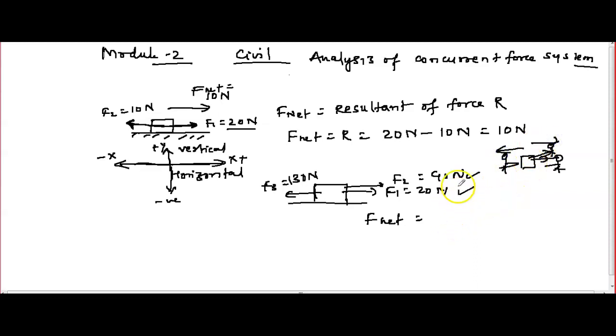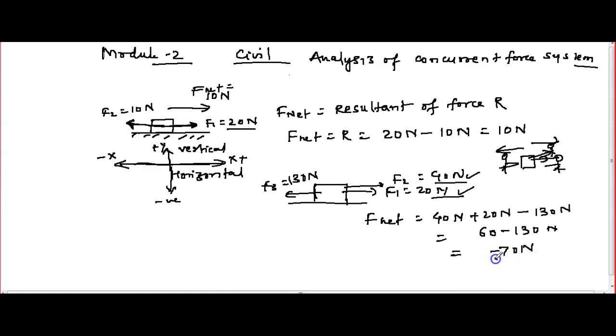So here, these both are going in the same direction, so we add them: 40 Newtons plus 20 Newtons, and this is the opposite direction, so we subtract 130 Newtons, right? So this becomes 60 minus 130, which is minus 70.